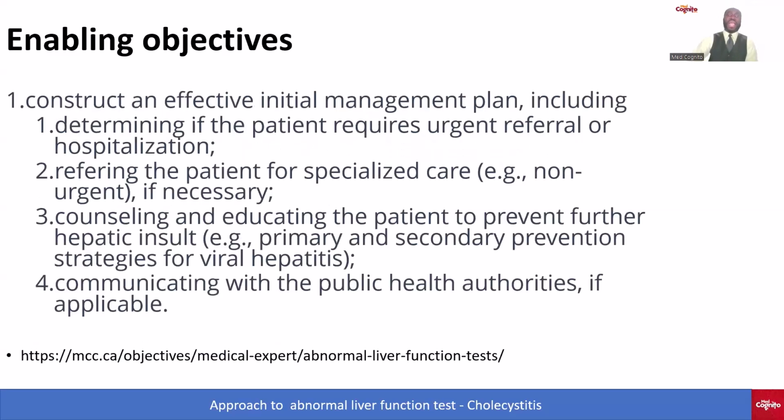Then I go on: construct an effective initial management plan, including determining if the patient requires urgent referral or hospitalization, and referring the patient for specialized care, like non-urgent if necessary, and counseling and educating the patient to prevent further hepatic insult. For example, primary and secondary prevention strategies for viral hepatitis, communicating with the public health authorities if applicable. All these have been dealt with in your MedCognito portal.